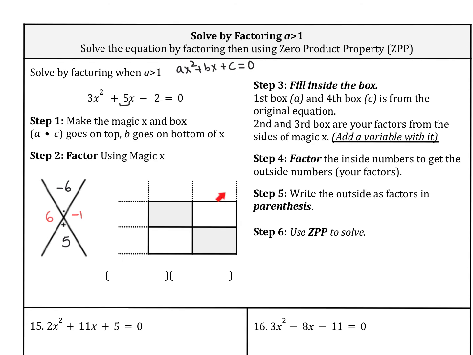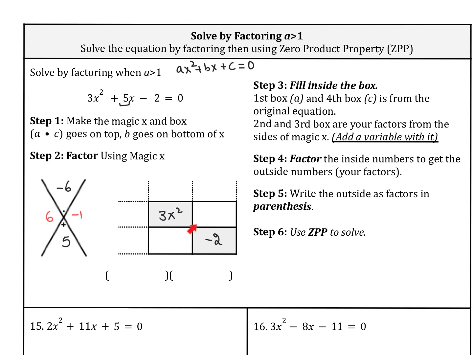Now, we are going to fill this box. To fill this box, we are going to use the cross, and we are going to use the original equation. So in the original equation, you write the first number here and the last number in this column. So the first number is 3x squared, and the last number is negative 2.